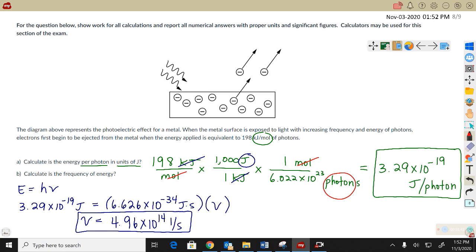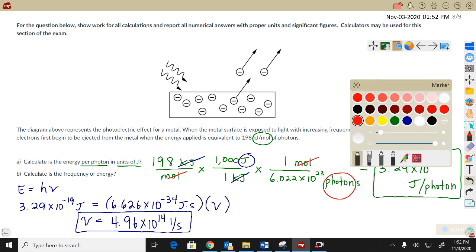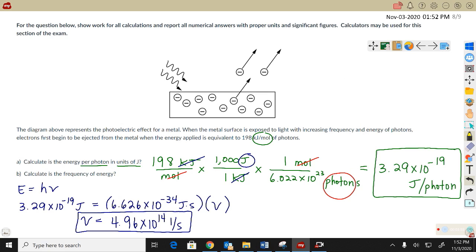But if you're getting funky numbers, if you're like, whoa, I have that set up right, and my answer is not even close to the correct answer, you might just have to watch how you're entering it in your calculator. So I would suggest, if you want to enter this as 6.022 times 10 caret 23, then put this in parentheses.